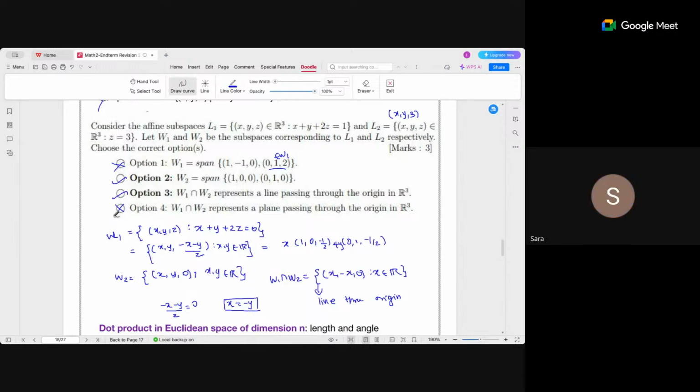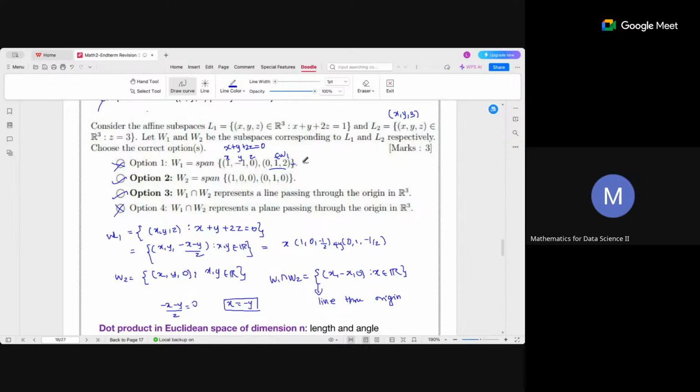Excuse me, ma'am, in option 1, you said the first element is correct. Can you explain why? So this is x, y, and z. What is x plus y plus 2z for the vector (1, 0, minus 1 by 2)? x plus y is 1, and 2 times z is minus 1, so this is 0.